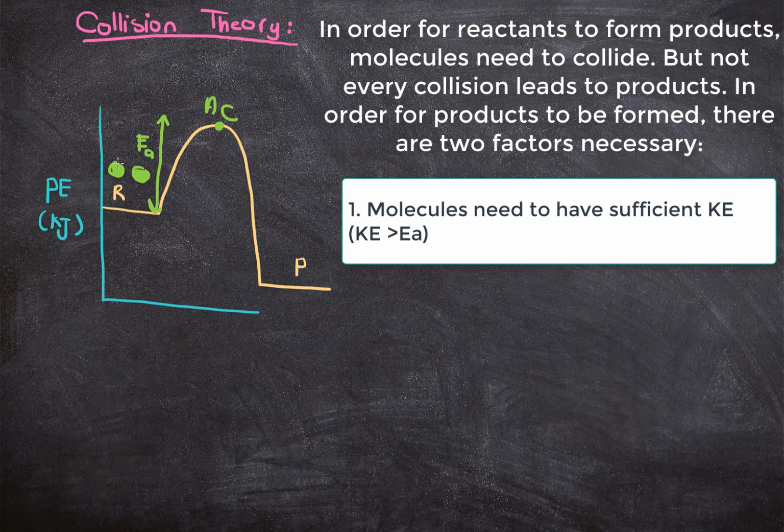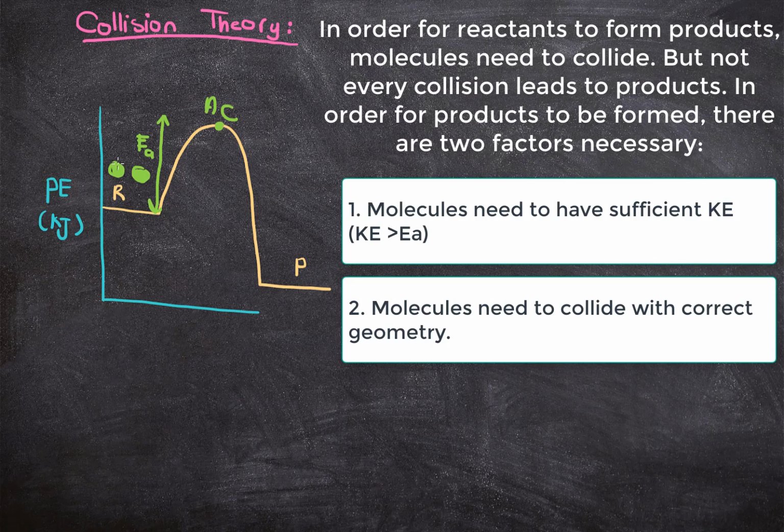There's no way the reaction can jump to products without having that sufficient energy. So the first factor says molecules need to have sufficient kinetic energy, which is kinetic energy greater than or equal to activation energy. The second factor says molecules need to have correct geometry.